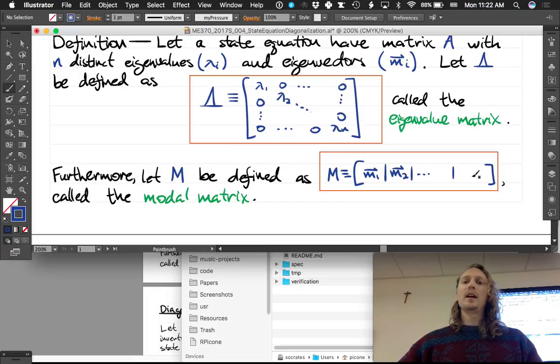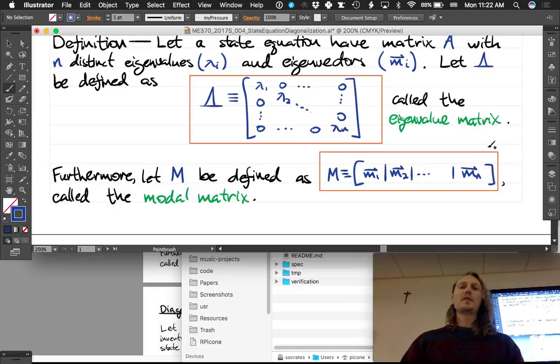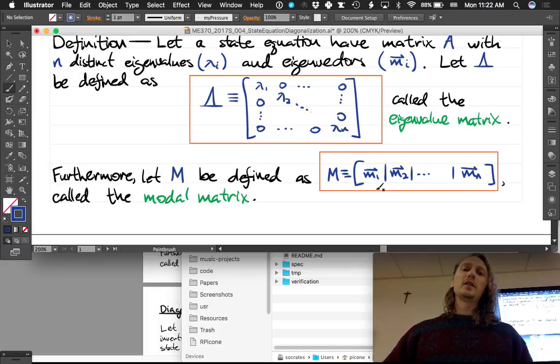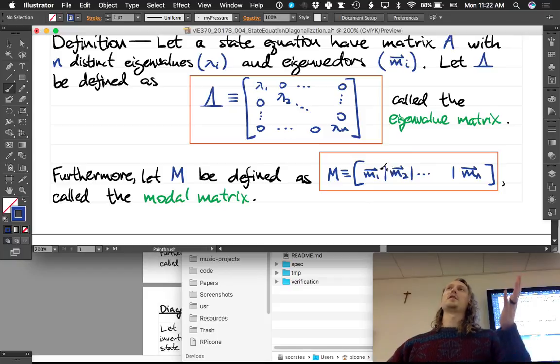We'll represent them as column vectors, okay? If you put a column vector in here, it takes up a column of the matrix, and these little separators just denote that.